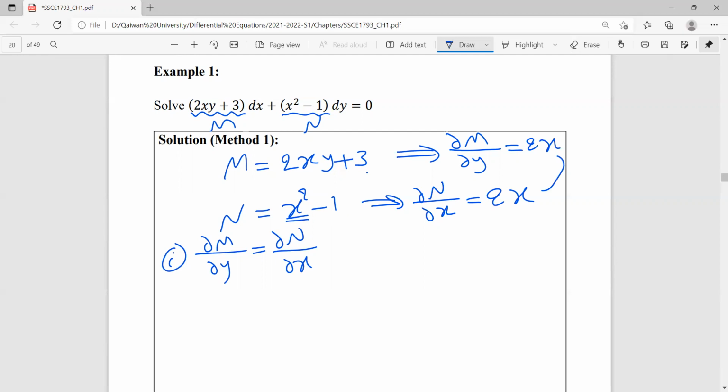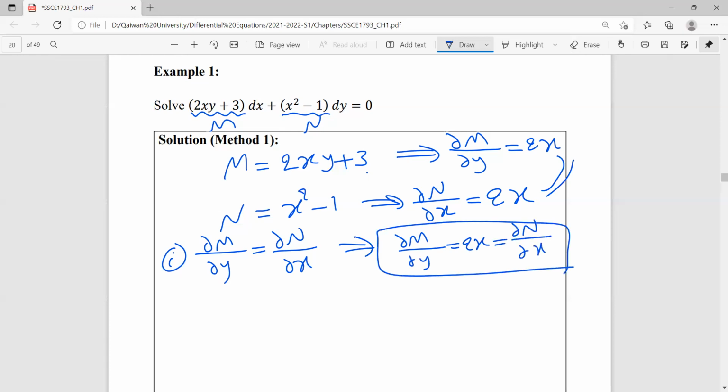Yes. These two are equal. That means partial m by partial y equals 2x, and it's also equal to partial n by partial x. That means the differential equation is an exact differential equation. And then we follow the other steps.